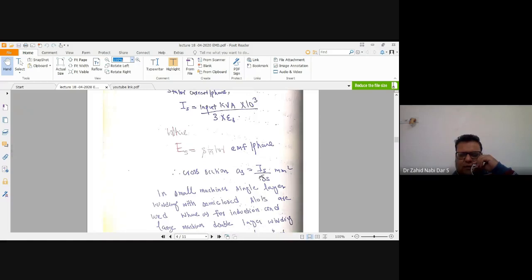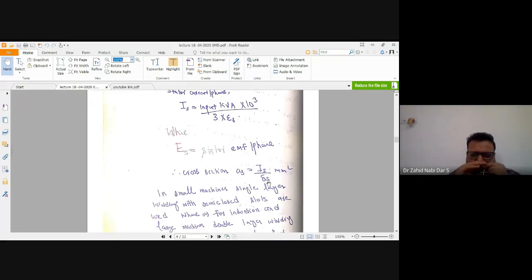Now there are certain conditions with the different sizes and shapes of machines, and the type of connection also is very important. Like you must be studying in your CAD and drawing class, regarding single layer winding and double layer winding, semi closed slots.